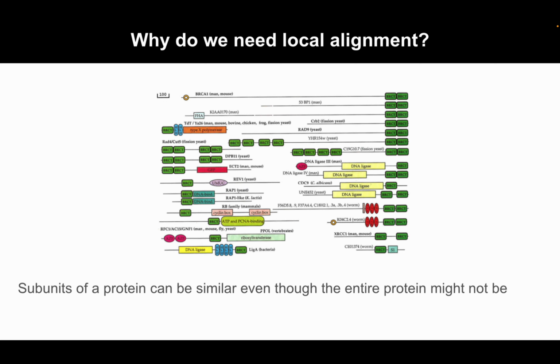What can happen is that while the entire protein sequence could be different, these small structures could still be similar across different families of proteins. So if I have a new gene sequence, it's quite possible that that particular protein sequence will not fully align with all the other proteins in my data.